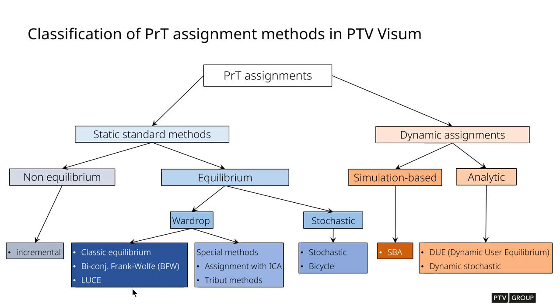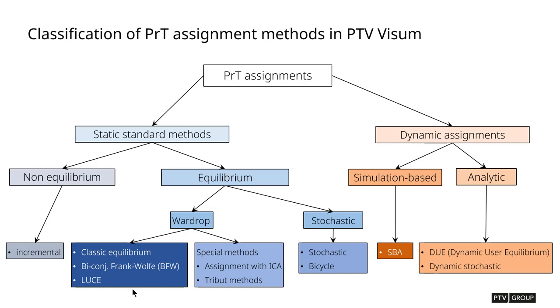So let's have a closer look at static assignments. The majority of you will be familiar with static equilibrium assignments, in which Wardrop's first principle is applied. So the most used methods are the classical equilibrium assignment, B conjugate Frank-Wolfe, and also Luce. Additionally, there are some special methods, assignment with ICA and the tribute method.